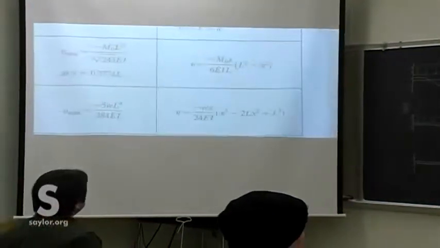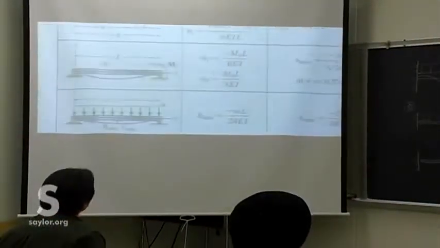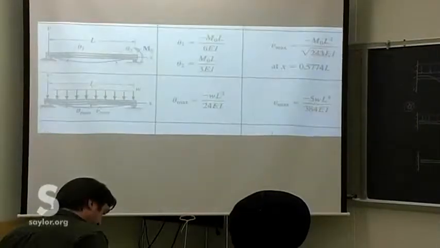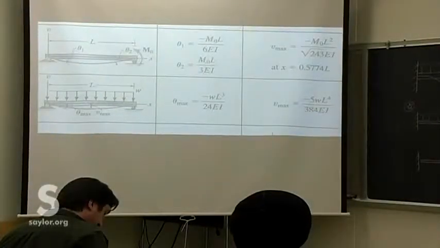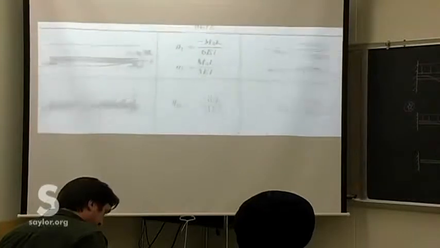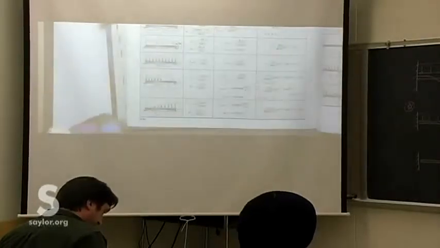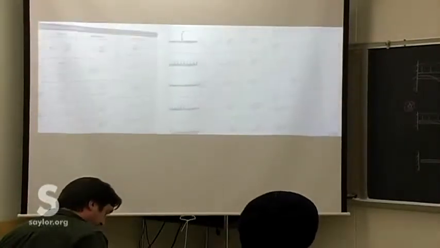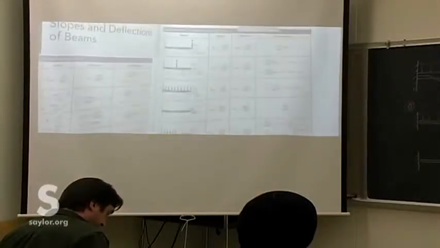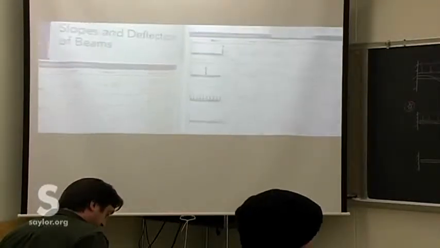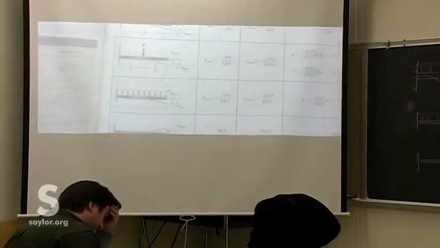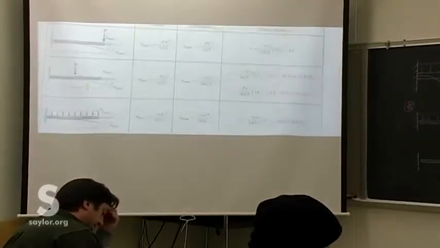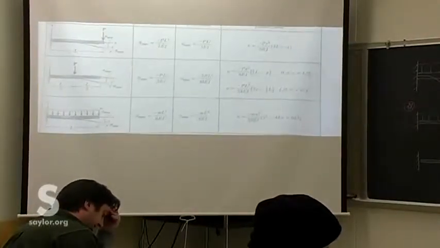You just need to add those two together, taking into account one of them is upside down. And then for the other one, we use those two cantilever solutions there for those elastic curves.